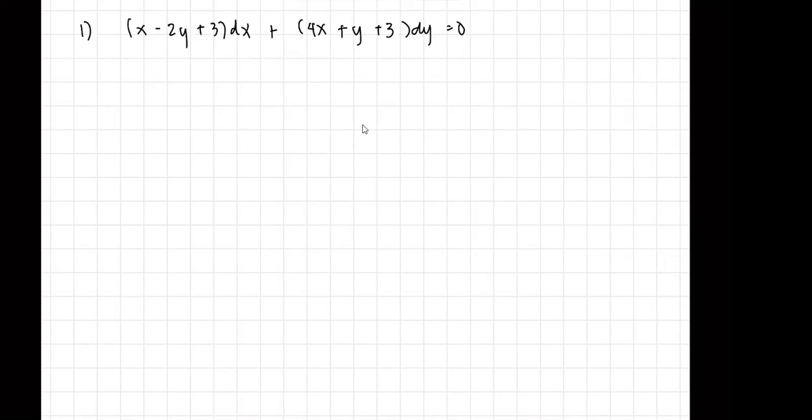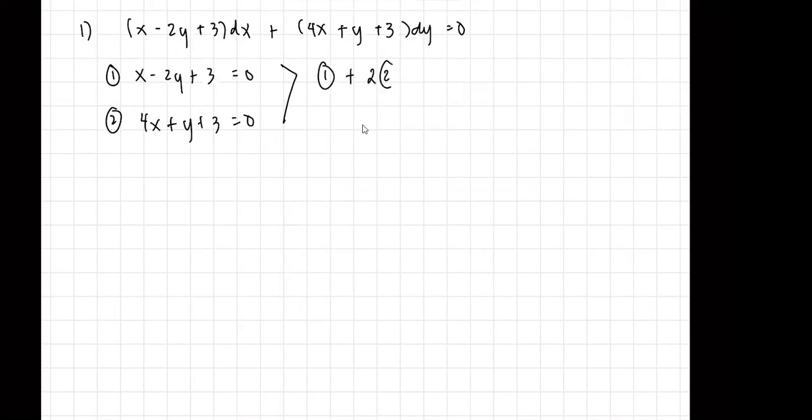So we have yung equation 1 natin as x - 2y + 3 = 0, and yung equation 2 natin as 4x + y + 3 = 0. Para makakuha tayo ng x and y value, ang pinakamaganda gawin, depende na sa diskarte nyo, itry kong ipag-add yung 1 plus twice nung equation 2.